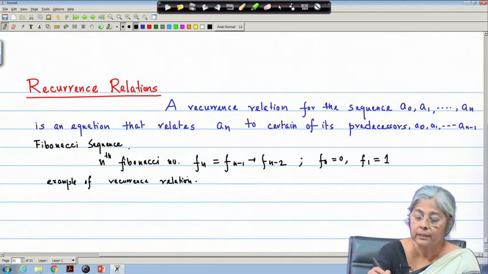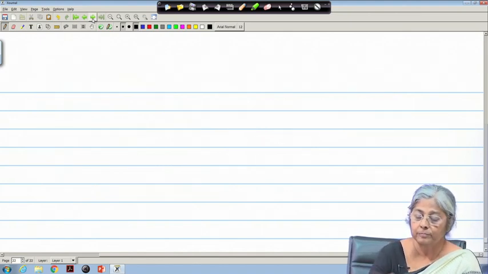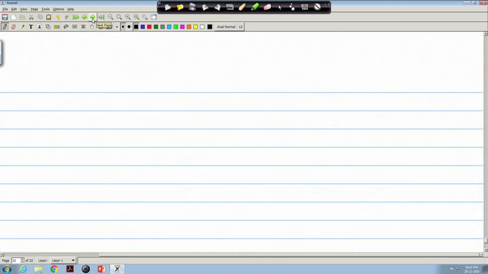Now we take an example of compound interest, how to compute compound interest.